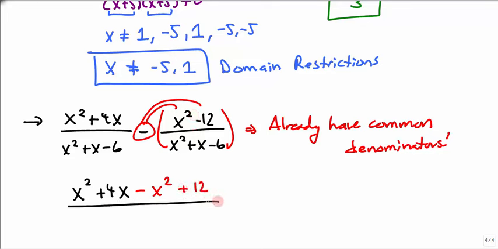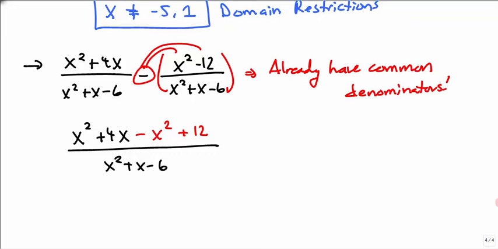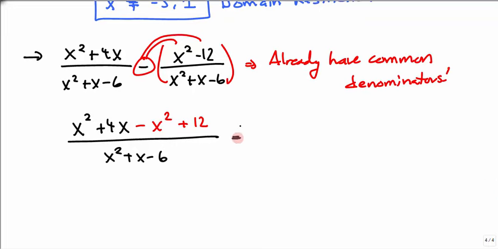And this is all over x squared plus x minus 6. Next thing we would do is combine like terms. x squared minus x squared is 0, so I'm left with 4x plus 12. And then x squared plus x minus 6 factors into x plus 3, x minus 2.